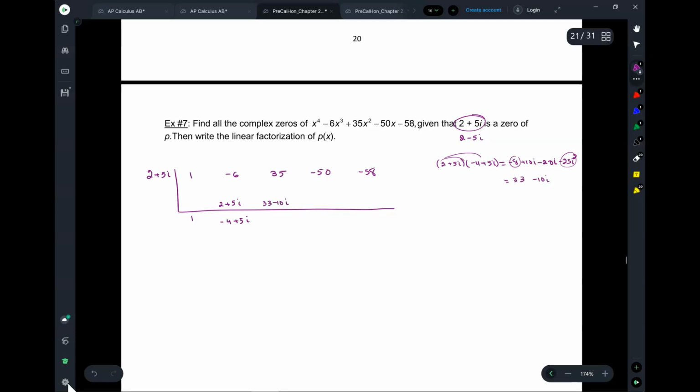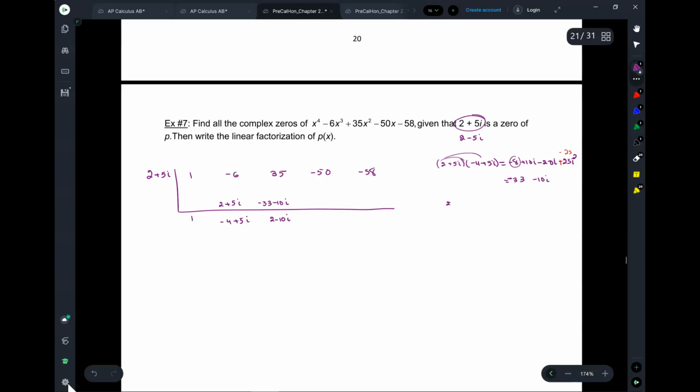Stick with me and something beautiful will happen. Except I feel like it should be a negative 33. Sorry, I made a little typo here. This should be a positive 25i squared. So that's negative 25 minus 8, negative 33 minus 10i. So here I get 2 minus 10i.